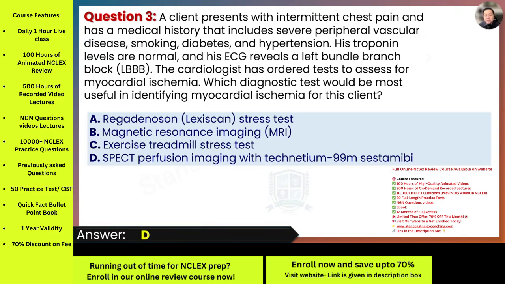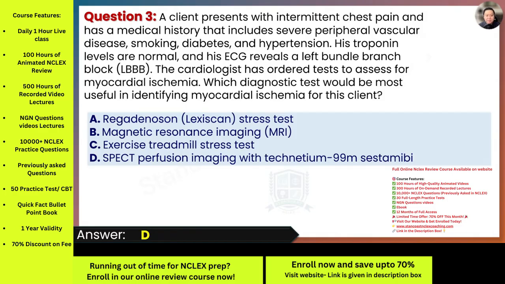So here's the thing. When you're evaluating myocardial ischemia, especially in a patient with left bundle branch block and severe peripheral vascular disease, picking the right diagnostic test is very critical.